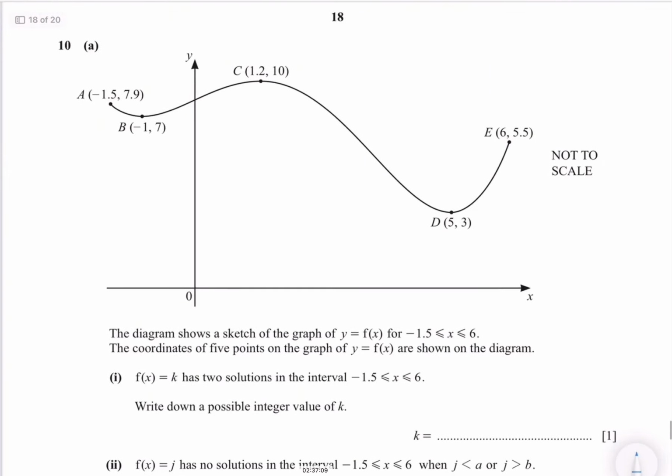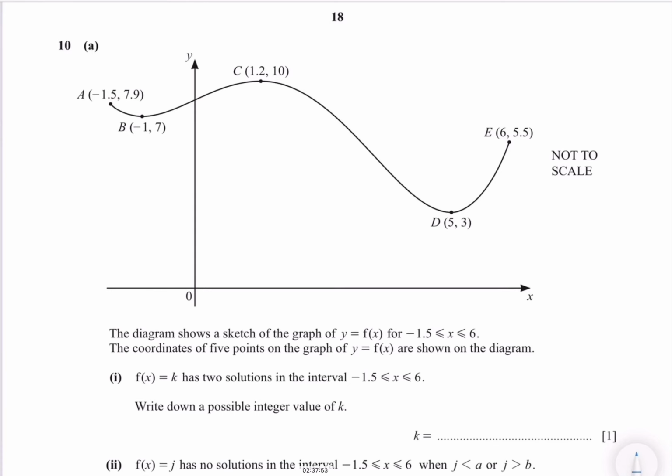Okay, question 10. This curve is shown and the coordinates of points A, B, C, D, E on the curve are given. In part 1, he says f of x is equal to k has two solutions in the interval from negative 1.5 to 6. Write down a possible integer value of k.